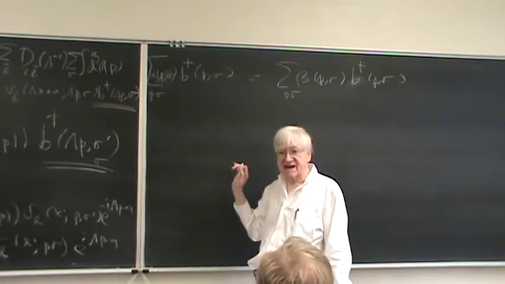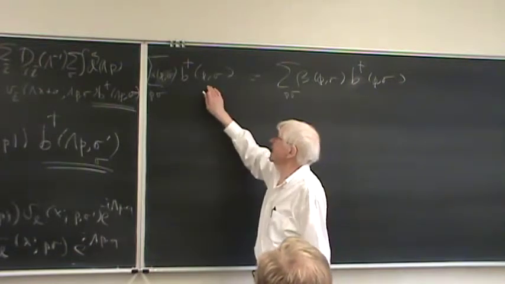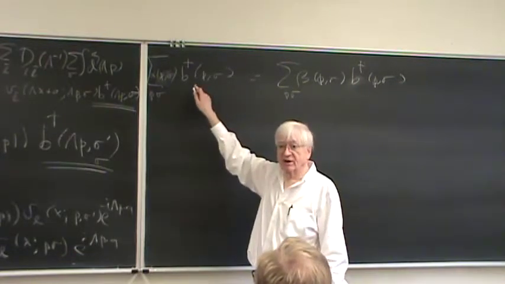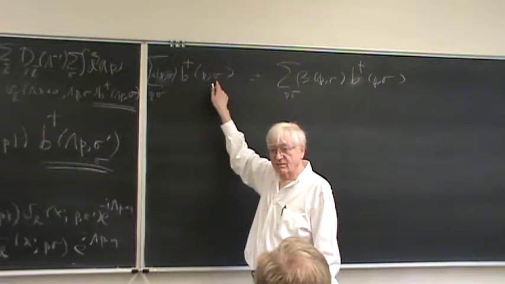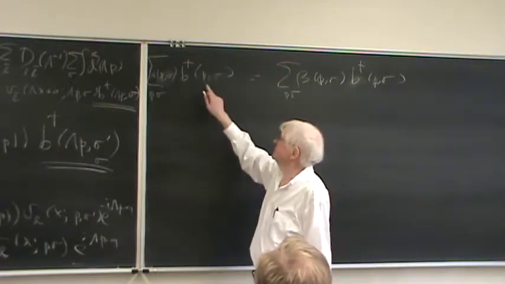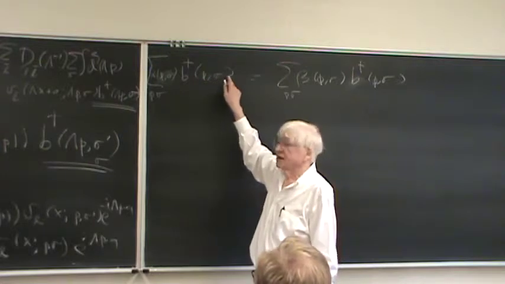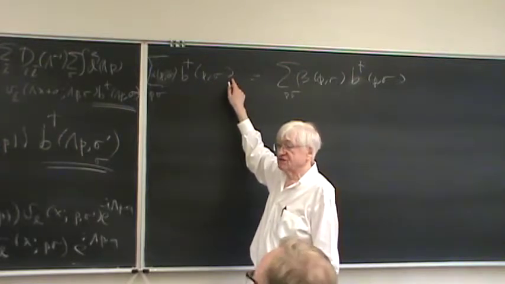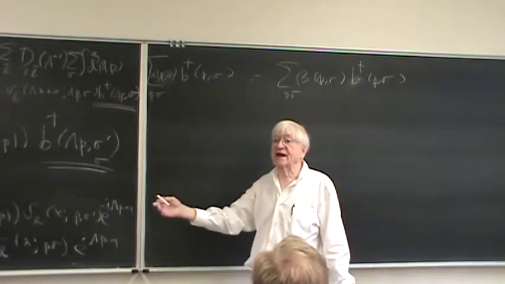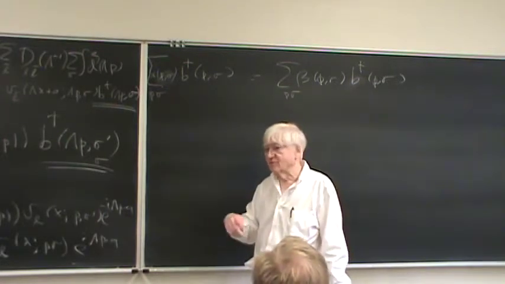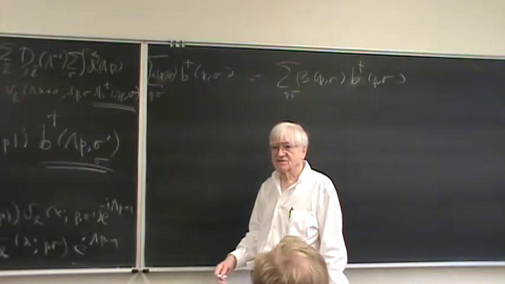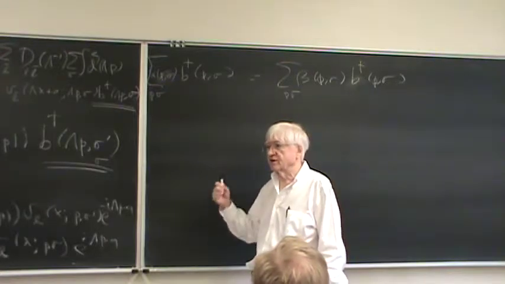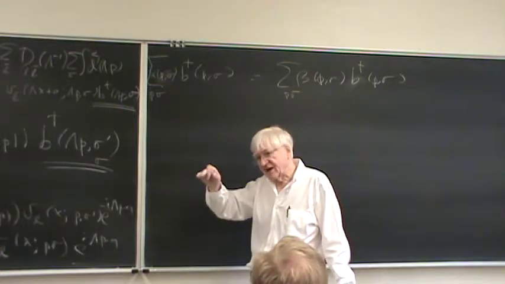On any state, this operator adds a particle of momentum p and a spin sigma. If you change p and or you change sigma, then you're adding a particle of different momentum or different spin. So you're mapping an arbitrary vector into two different vectors.